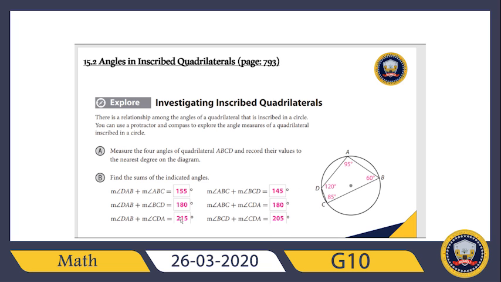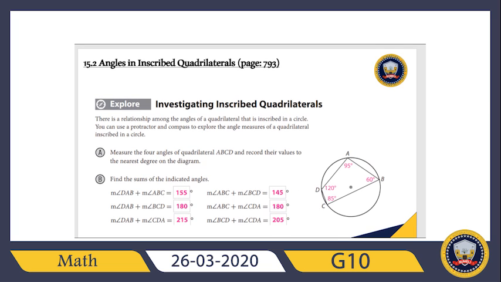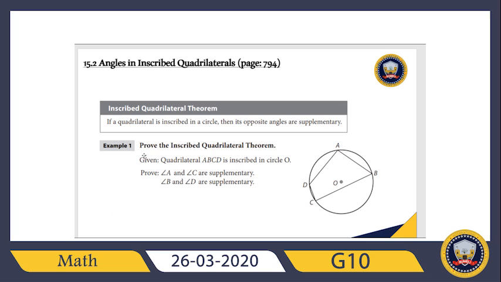So there is no special rule for that. So our rule or theorem for the inscribed quadrilateral, we say that if we have an inscribed quadrilateral in a circle, then its opposite angles are always supplementary. You remember that supplementary is 180.